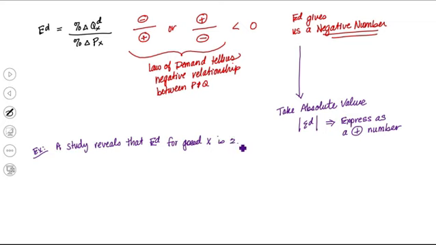A study reveals that the elasticity of demand for good X is 2. Well, what does that tell us? That tells us elasticity of demand equals 2. But what do I have to put back in if I'm working backwards? I have to put back in the negative sign. So it's really a -2.